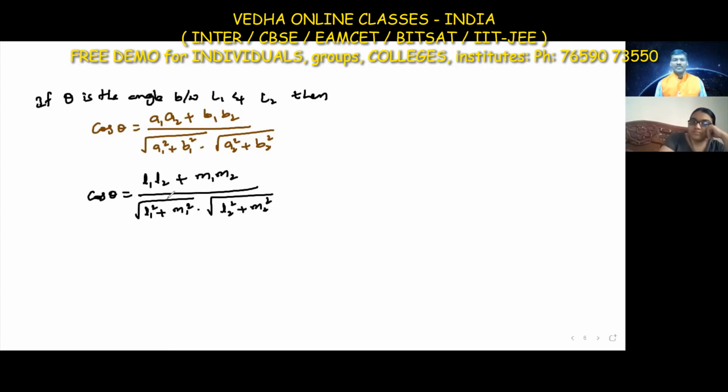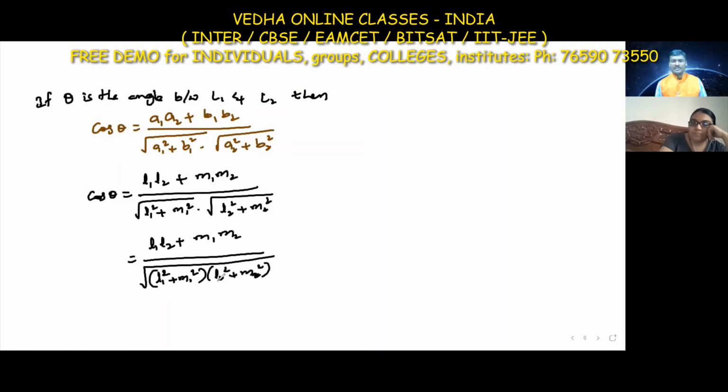Already we have the values of L1 L2 M1 M2. So I am taking the common root for both terms, and we get L1 square plus M1 square into L2 square plus M2 square.